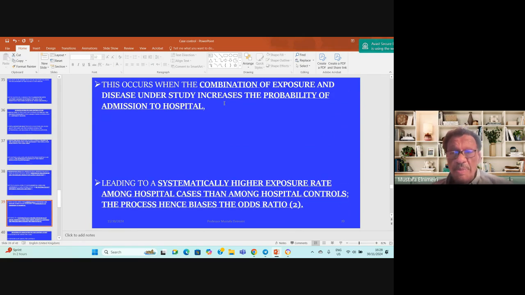This occurs when the combination of exposure and disease under investigation increases the possibility of being admitted to the hospital, leading to a systematically higher exposure rate among hospital cases than among hospital controls. The process hence biases the odds ratio, so it will not be a true calculated odds ratio when you select both cases and controls from hospital, because they are systematically different. So the result will be biased.